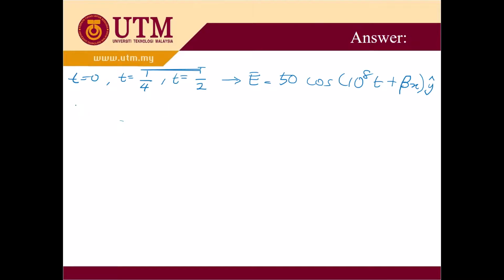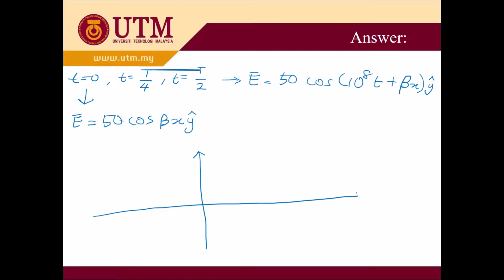So when t equal to 0, the expression becomes E equal to 50 cos βx in the direction of y. This is quite simple. So the graph becomes like this. This is the direction of the E field, which is the y direction, the oscillations, and this is the direction of the propagation, basically x.